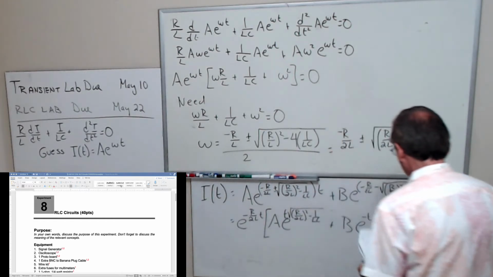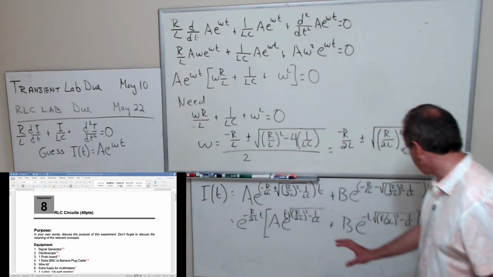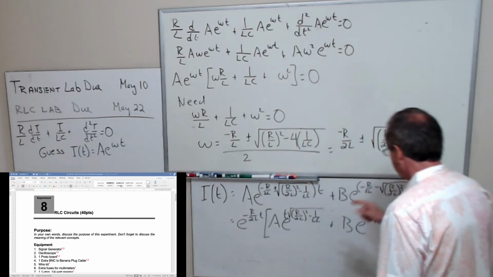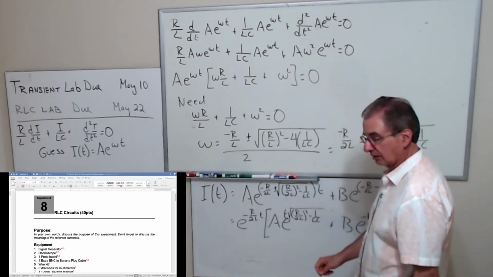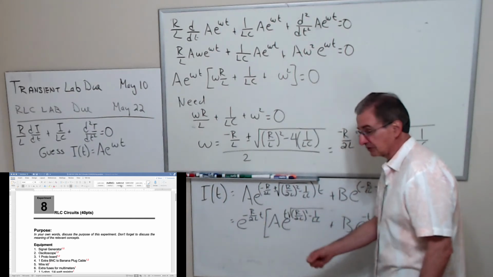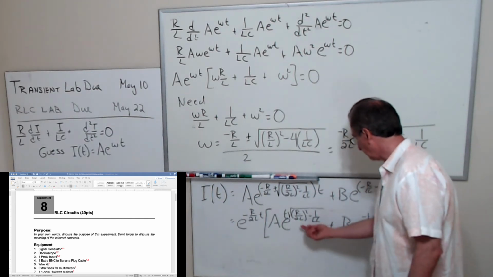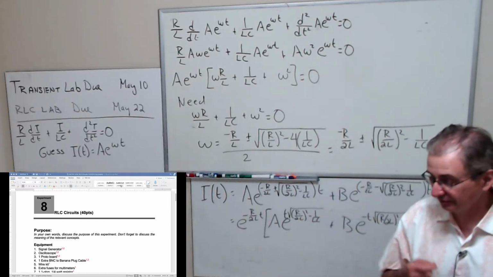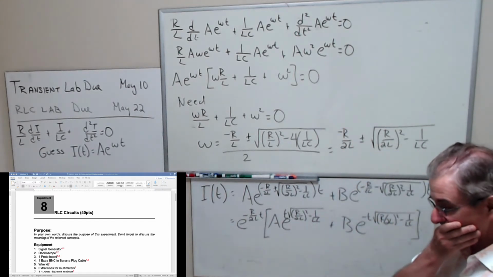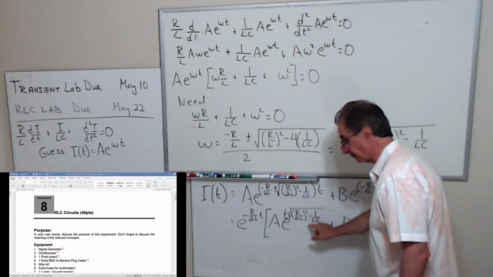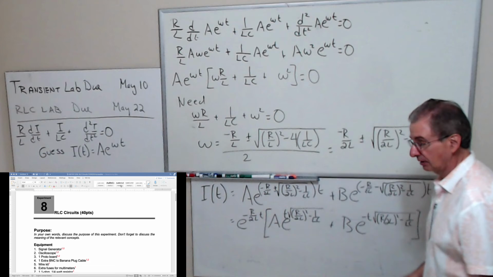Okay, but the thing under the radical is what's interesting, because we can have R over 2L squared minus 1 over LC be bigger than 0. We can have this difference be equal to 0, or we can have this difference be less than 0. So the solution I get is going to depend on what this is. Does that make sense?